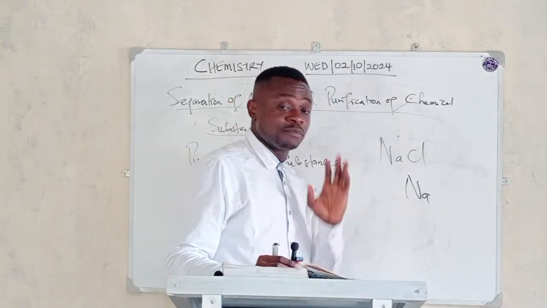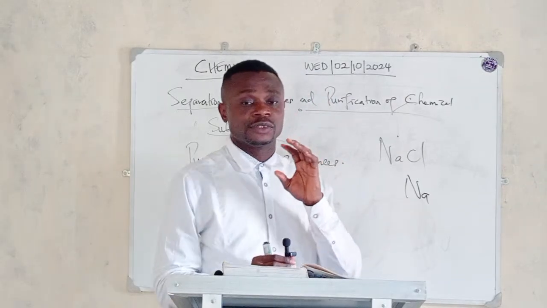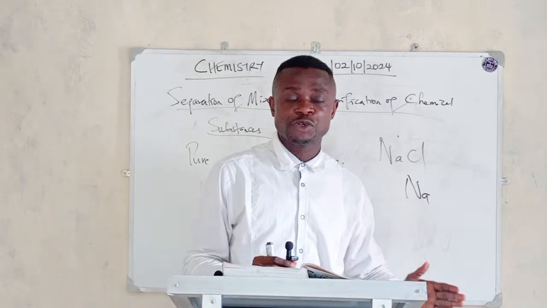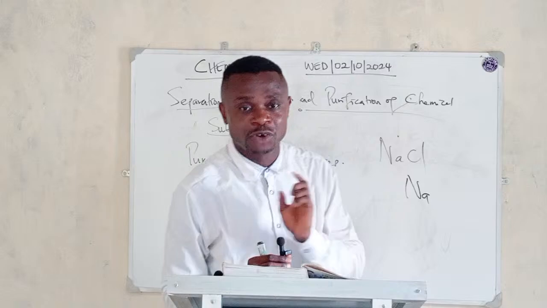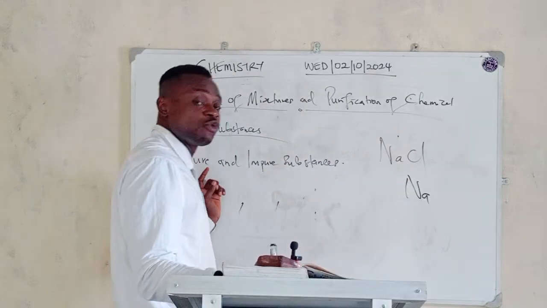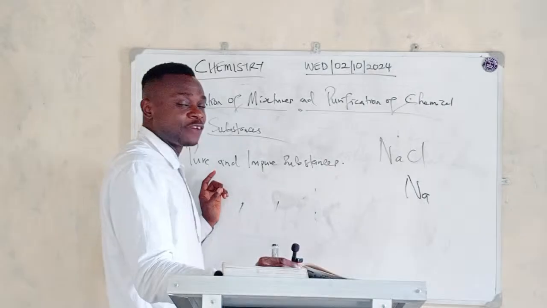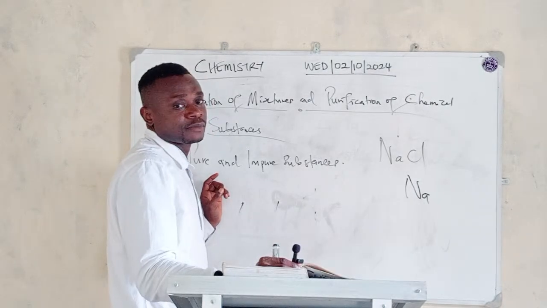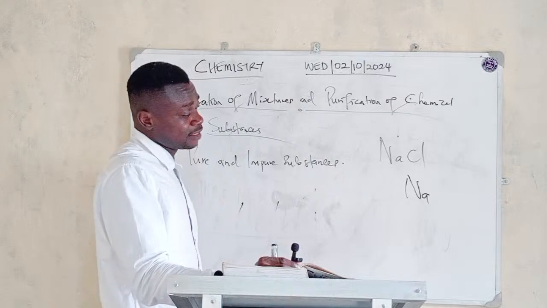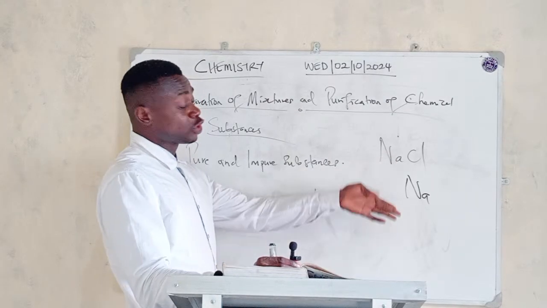So I am further distinguishing pure substance and impure substance, because that is the main point in distinguishing between the two of them. I've given two differences now. Basically, pure substances, for examples, you have compound.